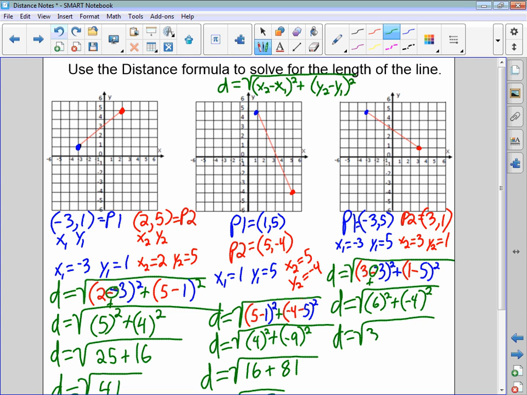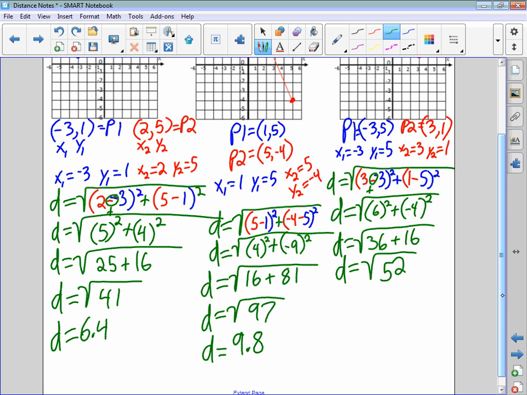And I get 36 plus 16, I get 52. D equals the square root of 52, and D equals 7.21, so we'll stay at 7.2.